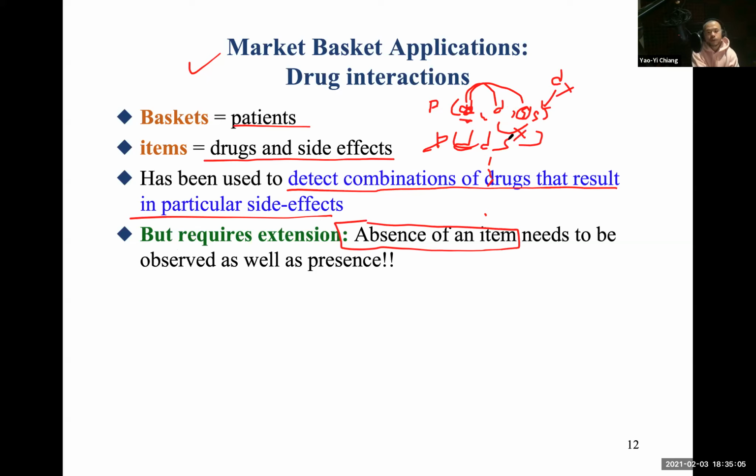So you will need to be able to capture the absence of an item set. This requires some extension that we are not going to cover in this class, but it's a really interesting problem to look at.